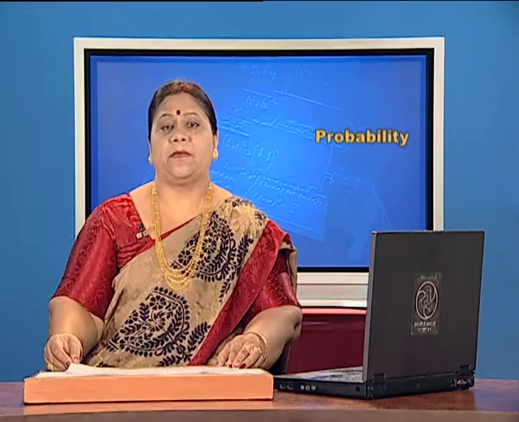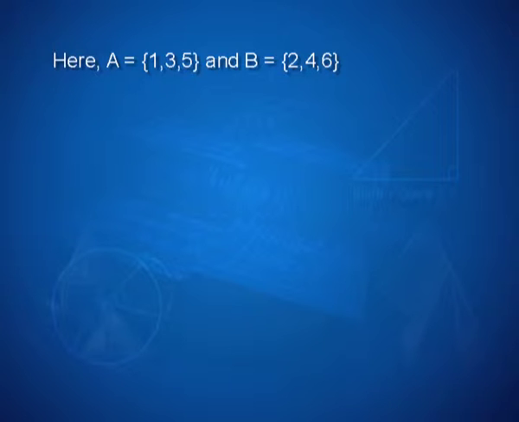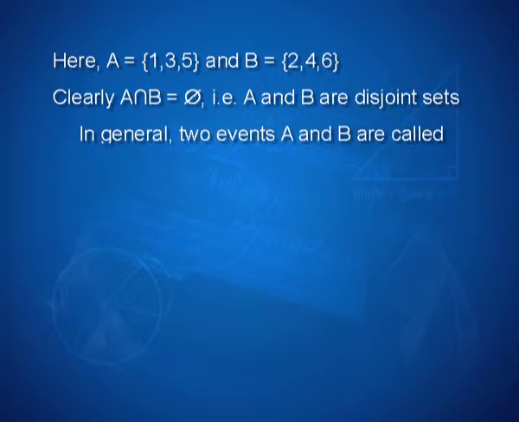In other words, there is no outcome which ensures the occurrence of events A and B simultaneously. Here, A is equal to {1, 3, 5} and B is equal to {2, 4, 6}. Clearly, A intersection B is empty, that is, A and B are disjoint sets.